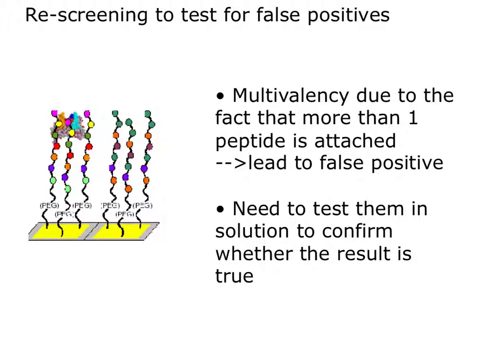So while these strategies for generating peptides on solid support allow one to generate libraries and then scan those libraries and sequences for function, you always need to rescreen to test for false positives. So if we look at solid support peptides, you have multivalency because more than one peptide is attached.